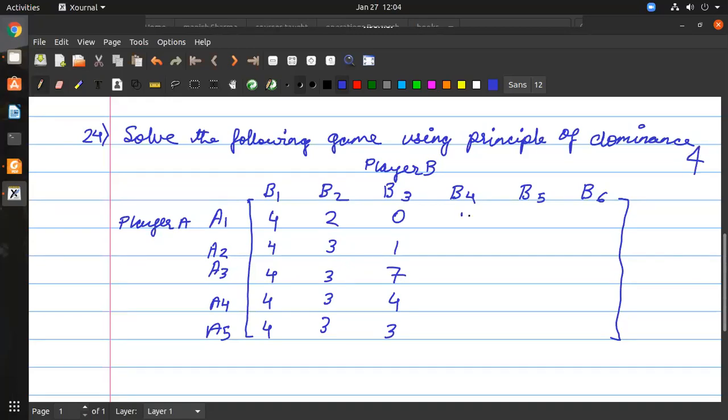Okay, so next value is 2, 3, minus 5, minus 1, minus 2. Then next is 1, 2, 1, 2, 2, and then 1, 2, 2, 2, 2.